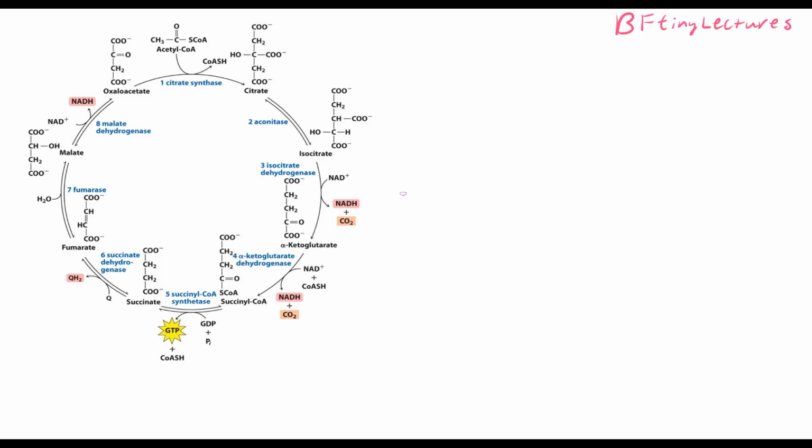So let us quickly recap what happened in this monstrosity of a cycle. How many steps are there? Well, let's count. This is 1, this is the second step, this is the third step, the fourth step right here, fifth, sixth, seventh, and eighth step. So in total, there are 8 steps in the TCA cycle.